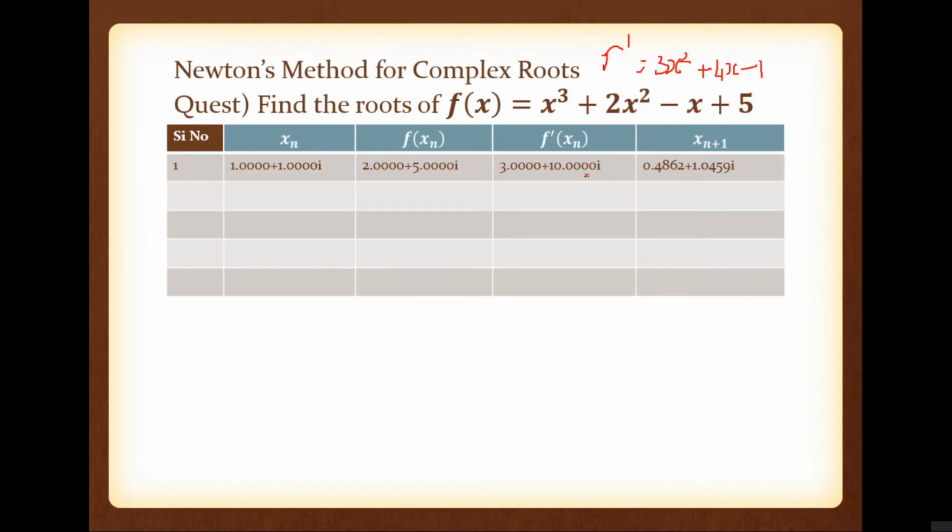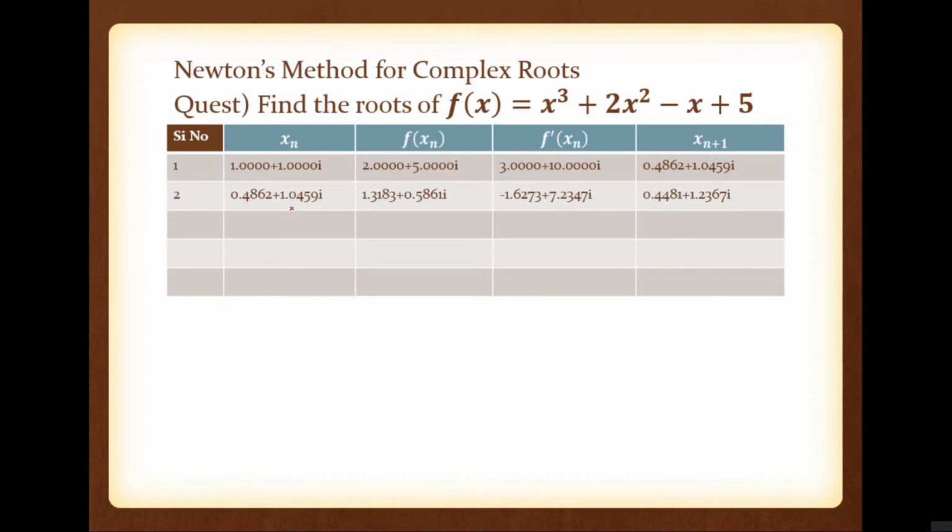So we have xn, f of xn, f dash of xn. So what is xn plus 1? Xn plus 1 is equal to xn minus f of xn divided by f dash of xn. So I have 0.4862 plus 1.0459j.